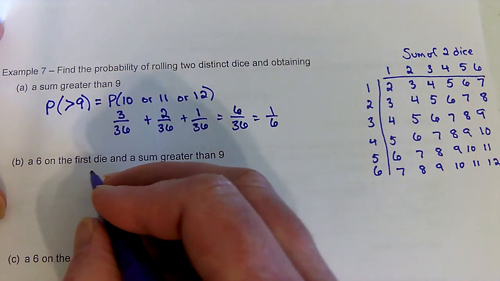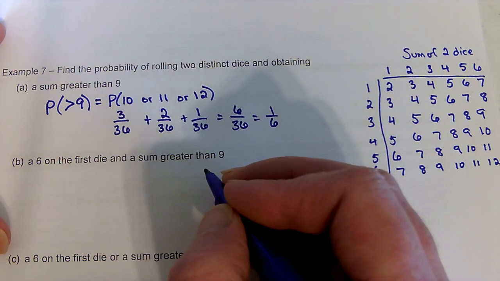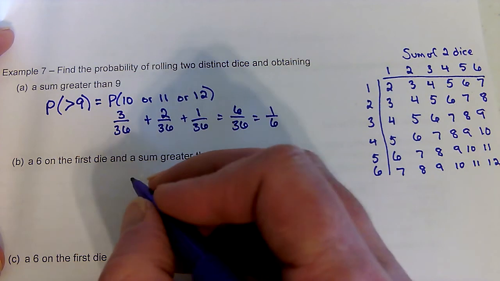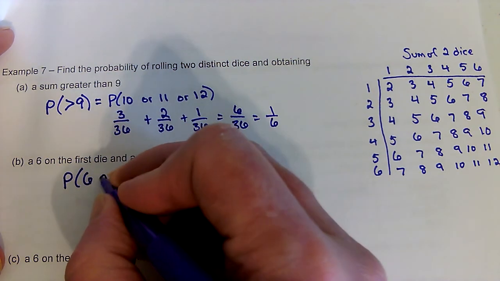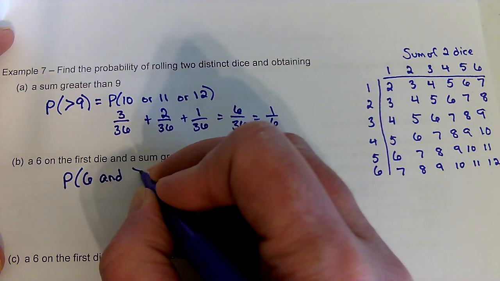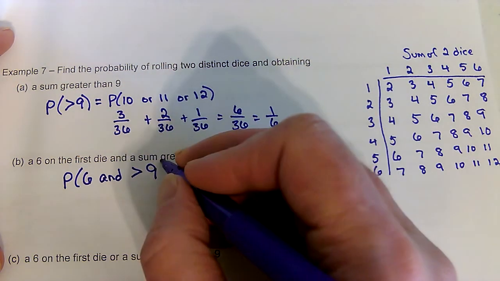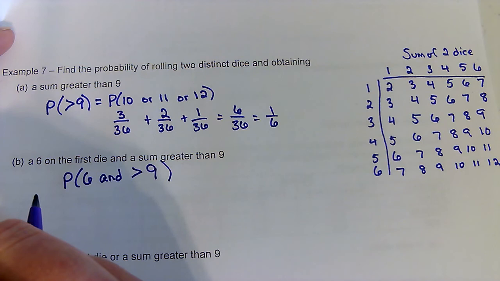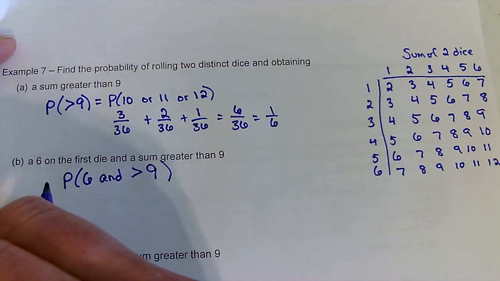Probability of a 6 and a sum greater than 9. So that's the probability of a 6 and greater than 9. So we need to actually look at this one.